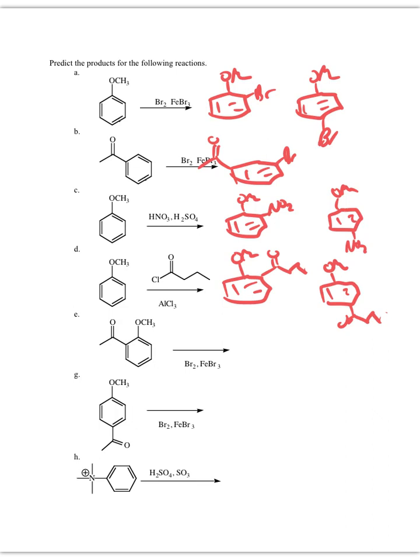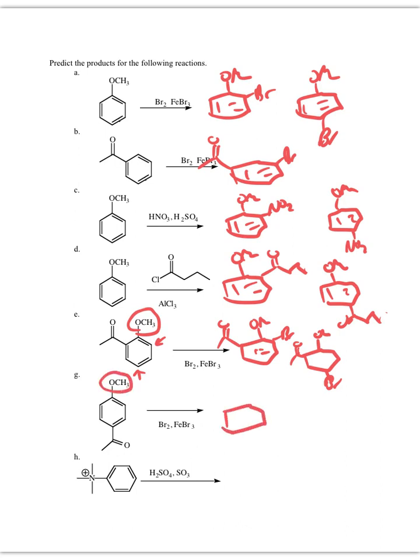The next one has a strong donating group on, so we'll go ortho and para to it, so we'll get 2 products. The methoxy rules that the ketone doesn't matter. In the next one, the methoxy rules, we get 1 product next to it, not next to the carbonyl. I forgot my aromatic ring up there.